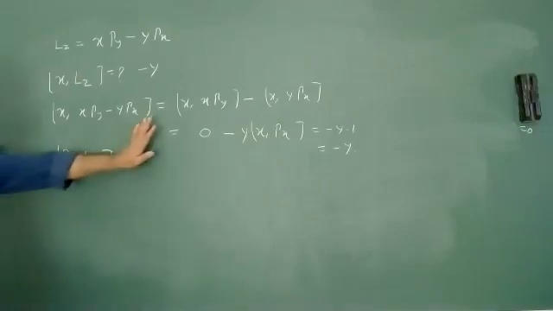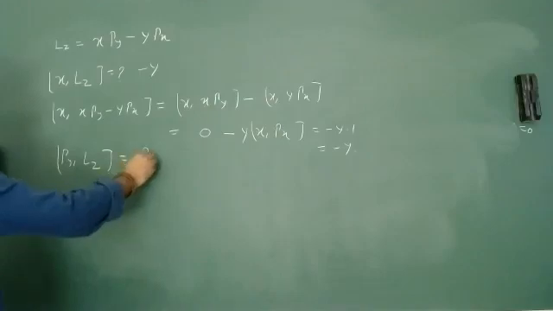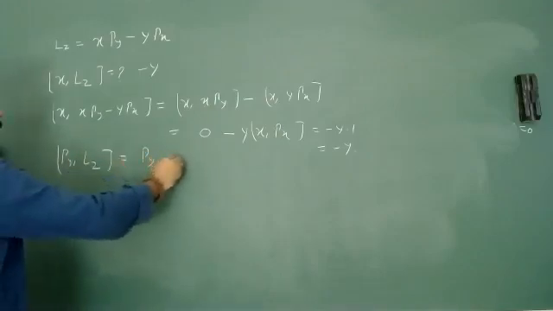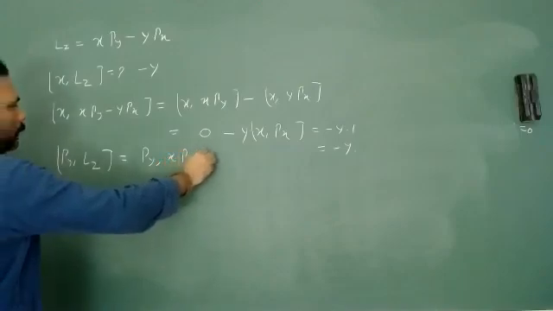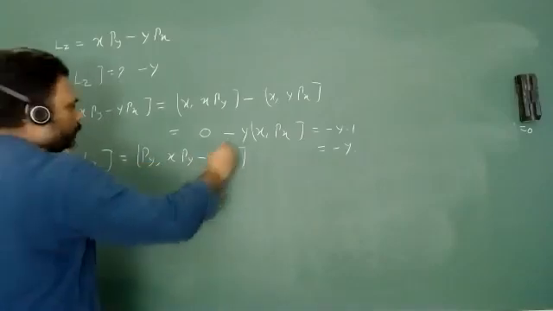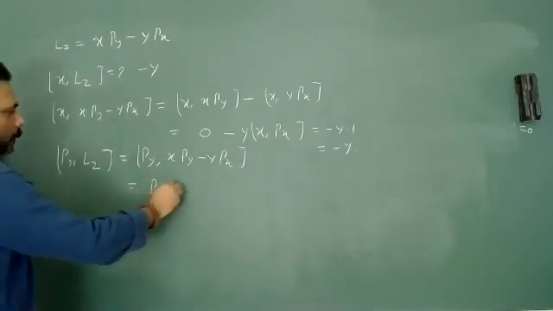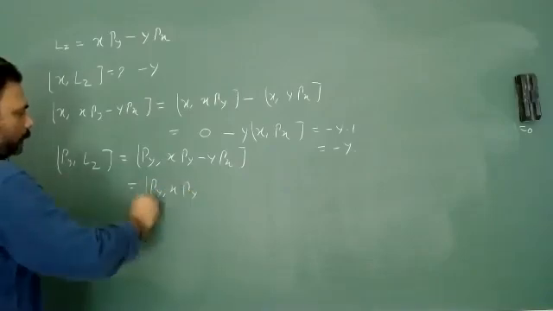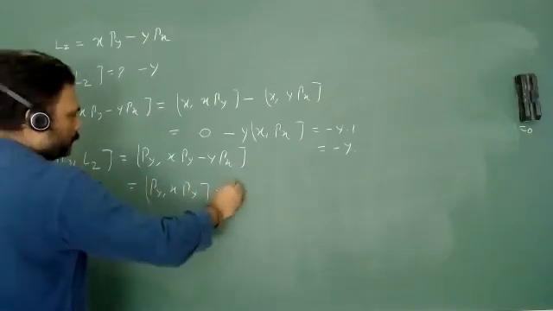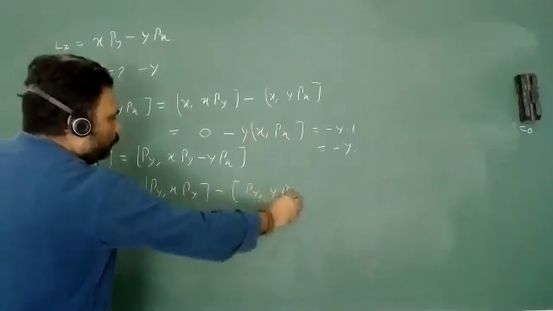Okay, so let's try to calculate it. Again, we will go for the same thing. What we will get? We will get py. What is lz? Lz will again be x py minus y px. So very simply, I can write just one line again: py with x py minus py with y px.